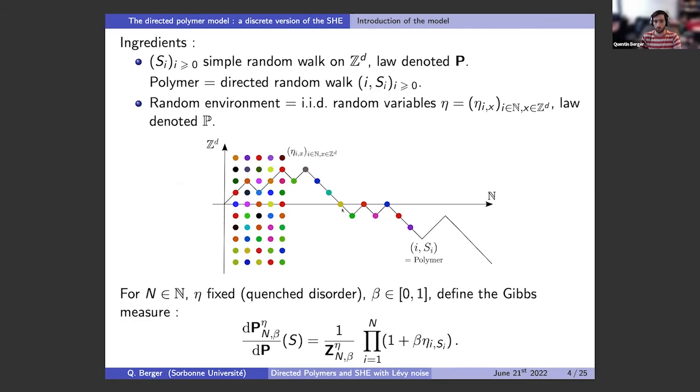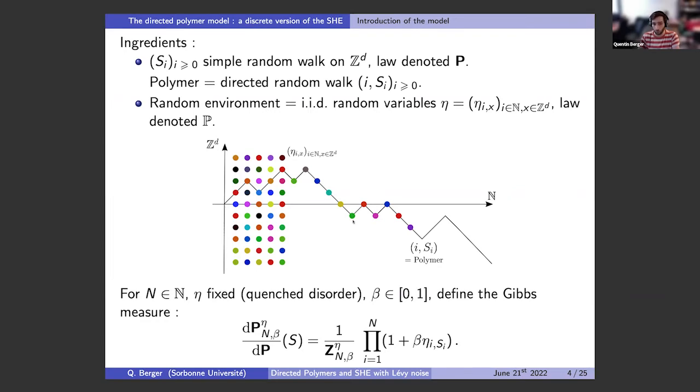The idea is that you can think about that as drawing the trajectory of a particle. You have a particle going to the right, so the first coordinate you can think about as time. Time passes and you record where the particle is. That gives you the trajectory of a particle, or you can think about that as the shape of your polymer.